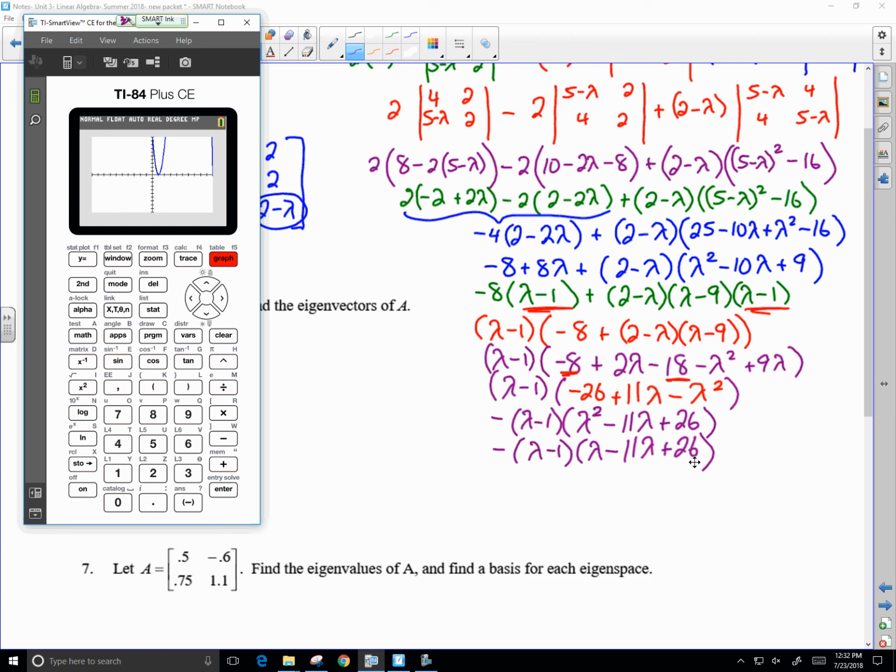Well, I definitely have a double 0 at 1, because it has multiplicity 2. And I have a 10. So the factors here had to be lambda minus 1, lambda minus 10. So this somehow should have been 10, which means that that's probably supposed to be positive.